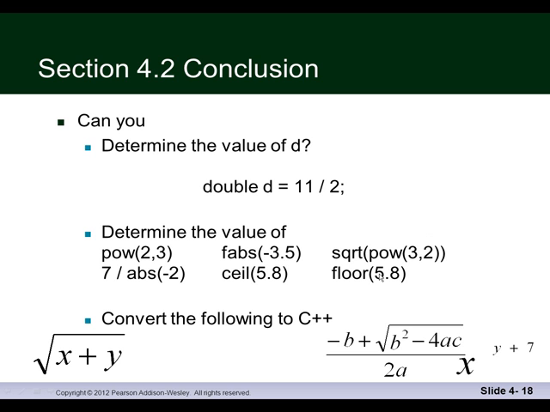That's good. 7 divided by absolute value of 2. 3. Ceiling of 5.8. 6.0. Floor of 5.8. Okay. And a square root of x plus y. And we do not have 2a in C++. You have to say 2 times a.